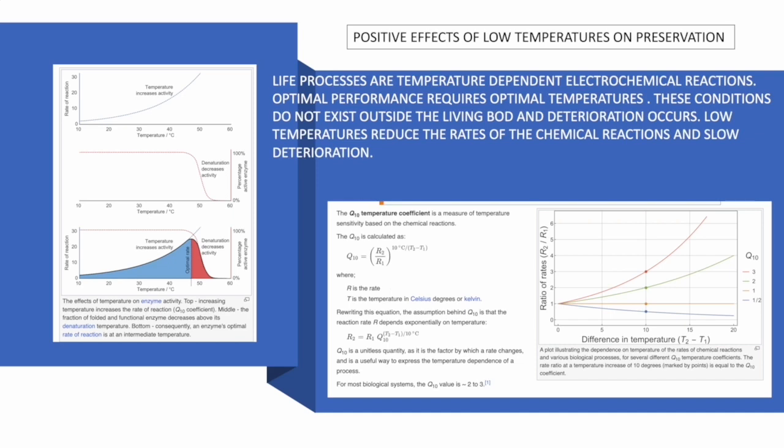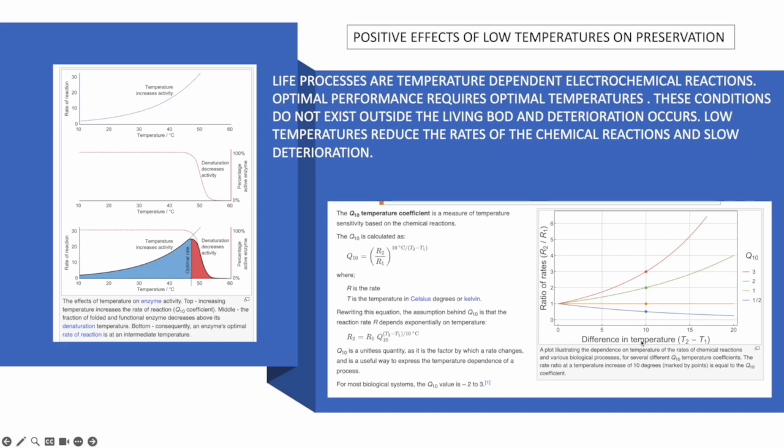One of the key elements in subnormothermic preservation is that you want to reduce the metabolism so that undesirable chemical reactions cannot occur. Typical values for Q10 are between 2 and 3 for biological organs.